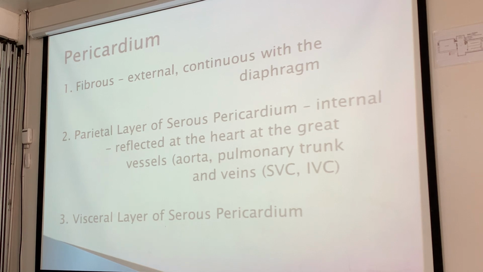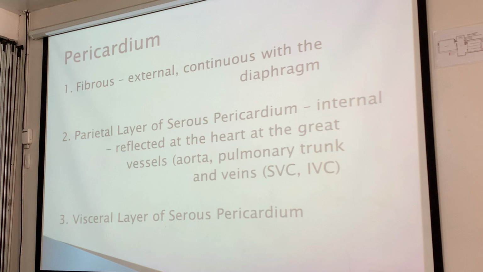Now for the serous layer, you have the parietal and the visceral. Just like the lungs, when you hear the word visceral, what does it mean? It is firmly adherent to the organ. Okay? So as we go along, you're going to hear a lot of words: serous, parietal, visceral. When you hear visceral peritoneum, as we go to the GIT, or the visceral layer of the pericardium, it is attached to the heart.